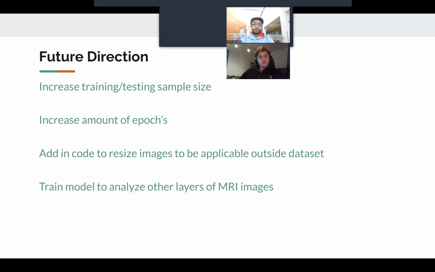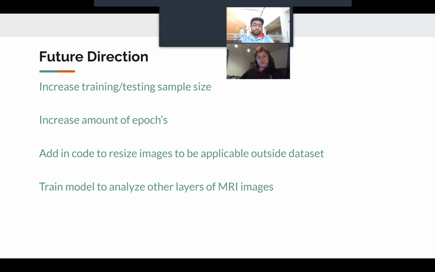One thing our code could be lacking was a resizing of the initial images, because with our Kaggle data set, we could rely on the fact that they all had the exact same size. So we were able to skip that step entirely. If we were to use images from other sources, we would need to make sure everything was the exact same size before we got any errors.